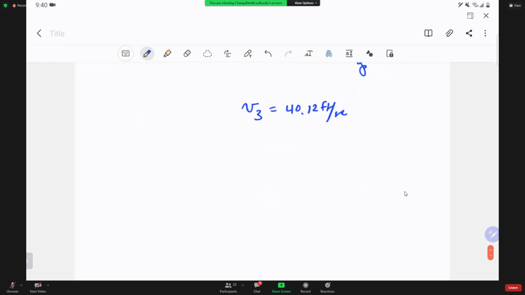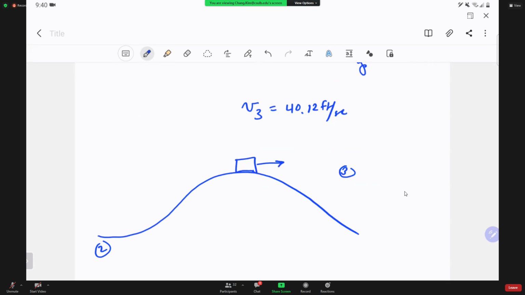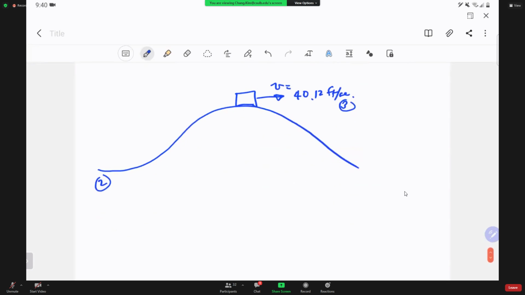So let's go ahead and take a look. This is position 2, this is position 3, and this guy is going with a velocity of 40.12 foot per second to the right. Again, we're going to have the weight pressing down, and the normal force will be present.